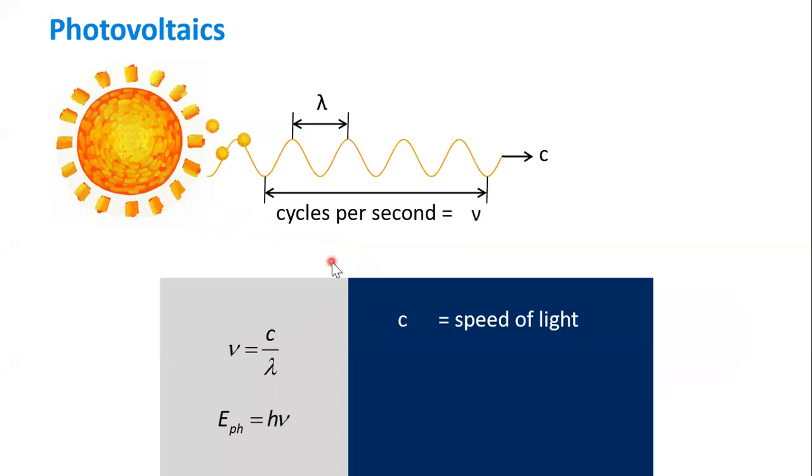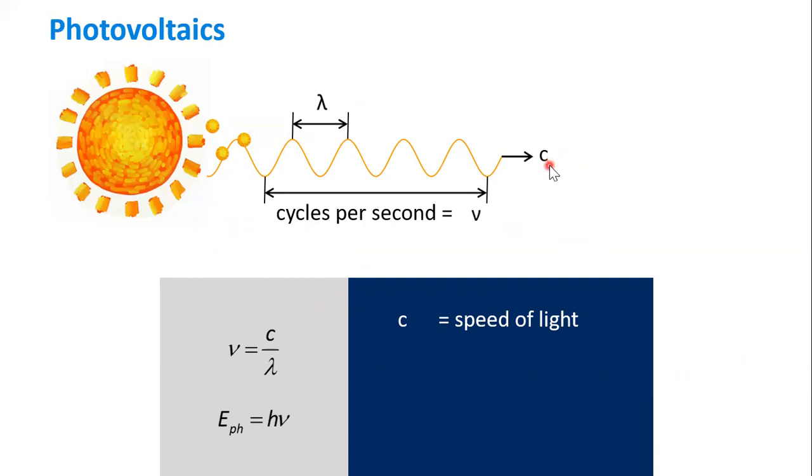Okay, so first of all, as you know, and we already have revised this in the previous lecture, that light in general and solar spectrum as a part of light consists of a quanta of what's called photons.